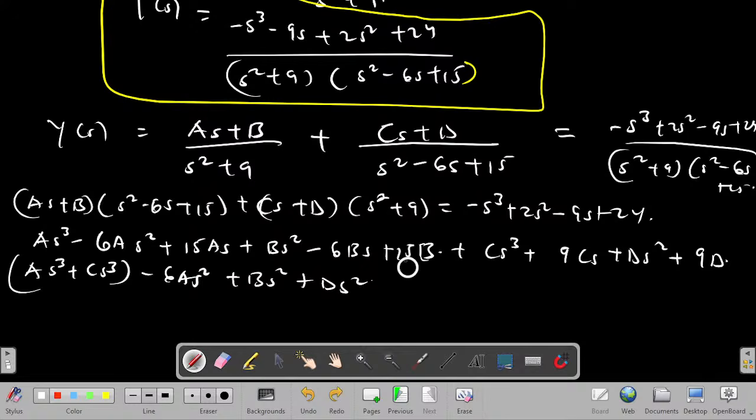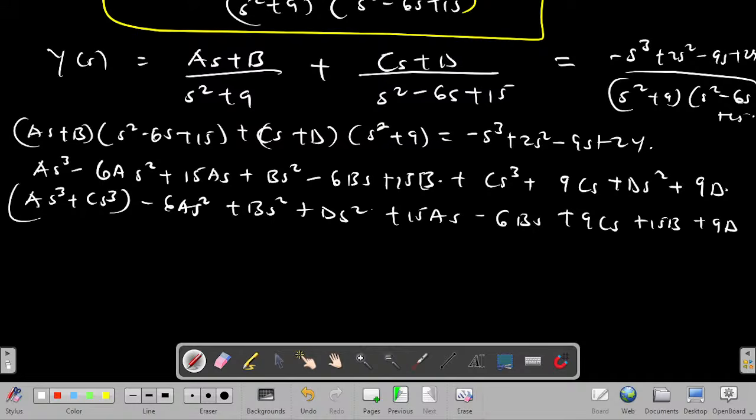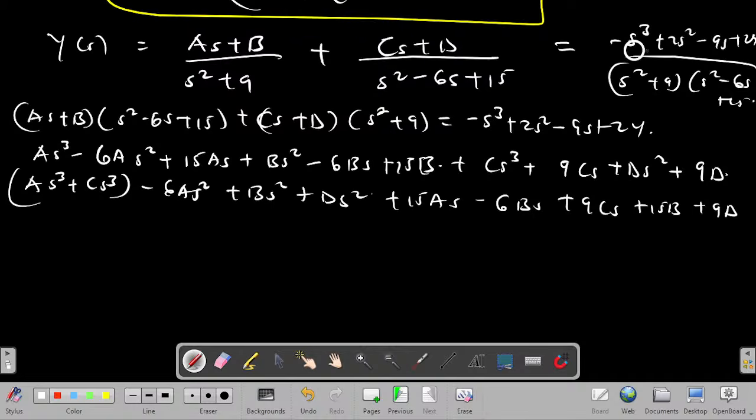So now I go to my s: I have plus 15As minus 6Bs plus 9Cs. Then finally the standing terms I have 15B plus 9D. Okay. So now we go to this term, the negative s cubed plus 2s squared.